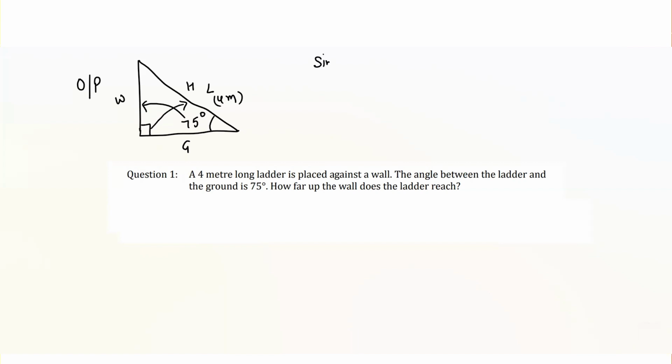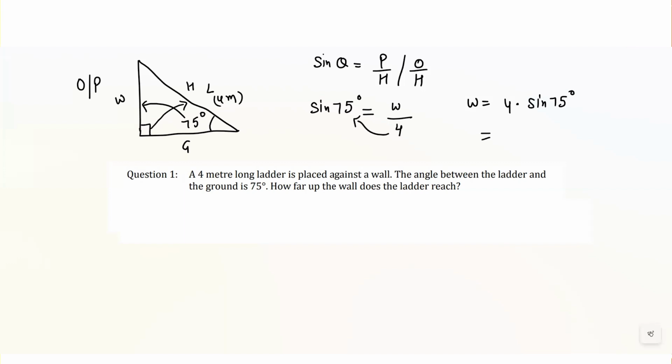Sine theta is equal to P over H, or O over H. So sine 75 degree is equal to, what is the value of P? We have written W here. We'll write W over H, which is already given as 4. That means W is equal to 4 into sine 75 degree. When you solve it, you get 3.86 meter.